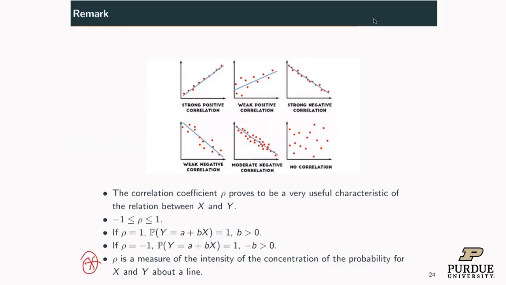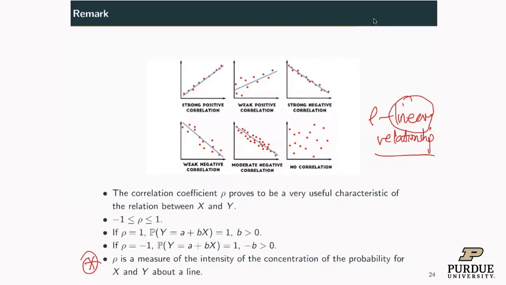Rho is a measure of the intensity of the concentration of the probability for X and Y about a line. So this means this rho characterizes how strong the linear relationship between X and Y is. Be careful, linear, that's the key.